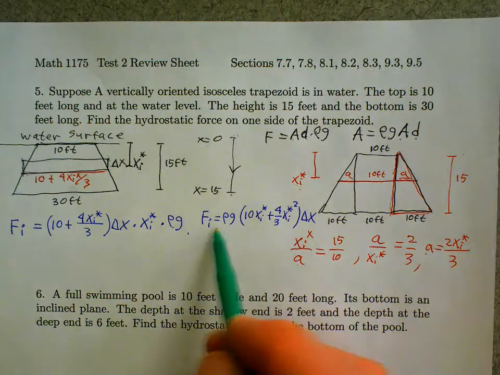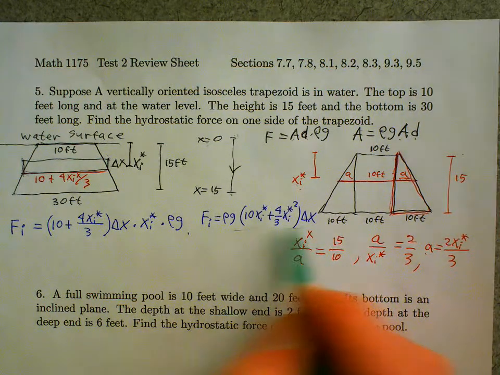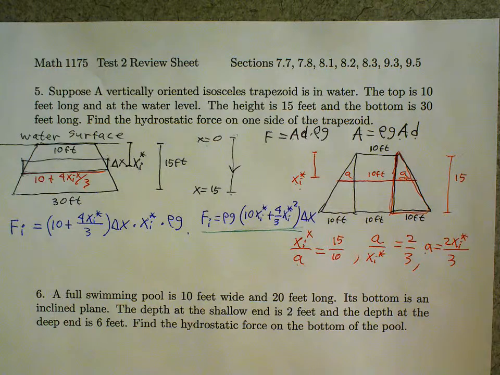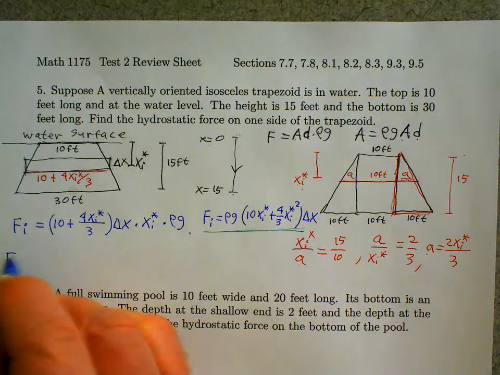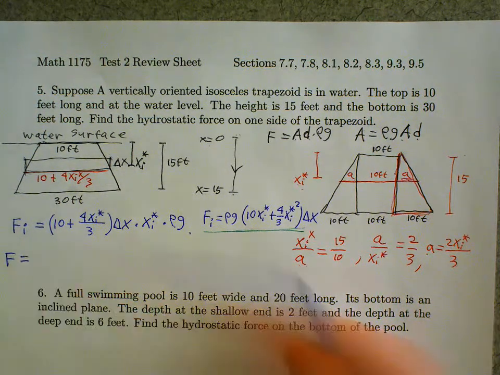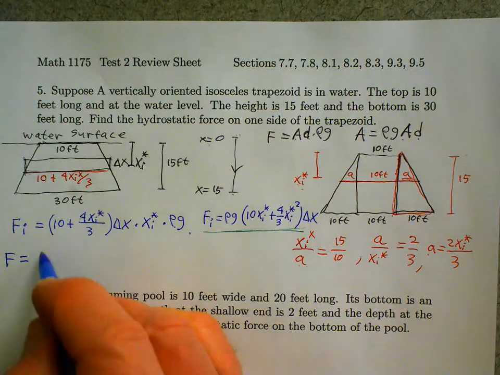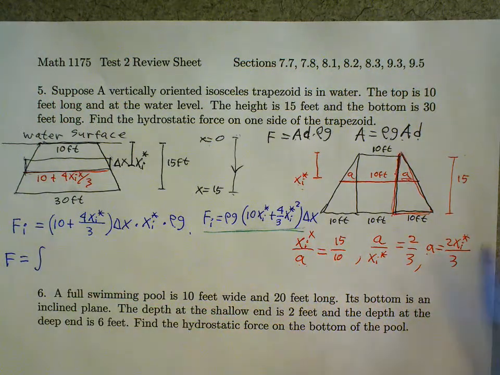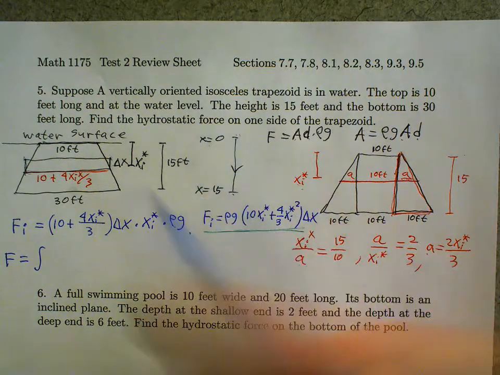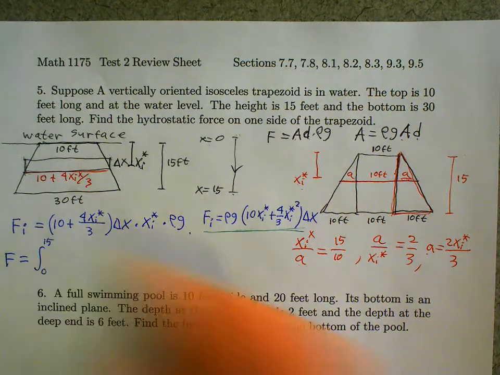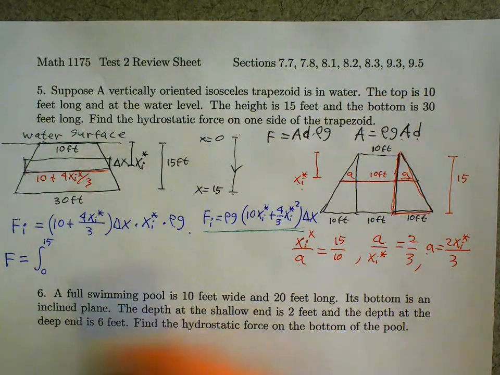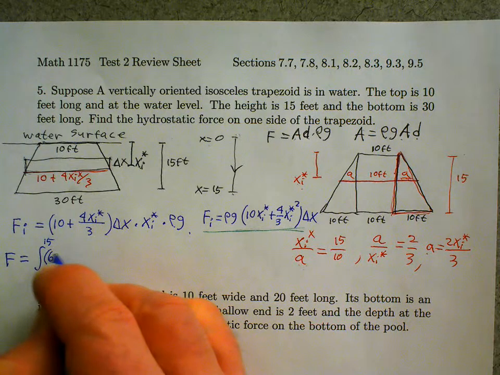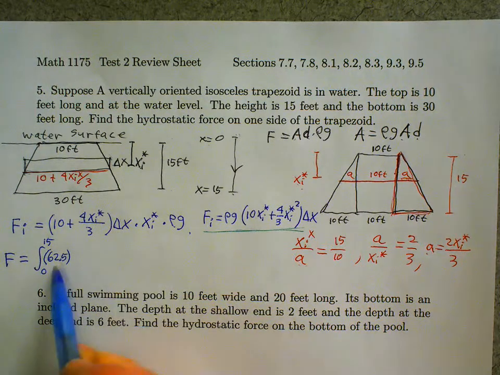Okay, so if we get one of those for each of the n rectangles, and then take the limit of the Riemann sum, the hydrostatic force is going to be the definite integral from x equals 0 to 15. Since the lengths are measured in feet, rho times g is 62.5 pounds per cubic foot.